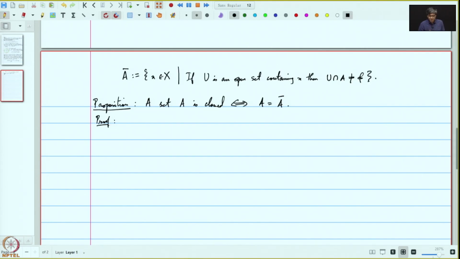So X is in A bar if it has the property that given any open subset U which contains X, it should meet A. So let's prove this.